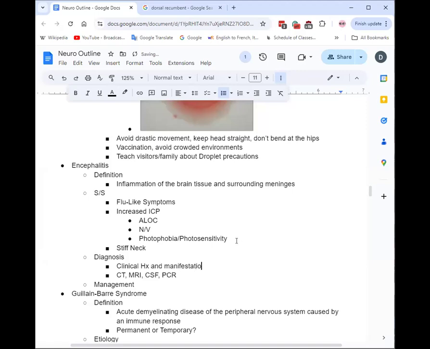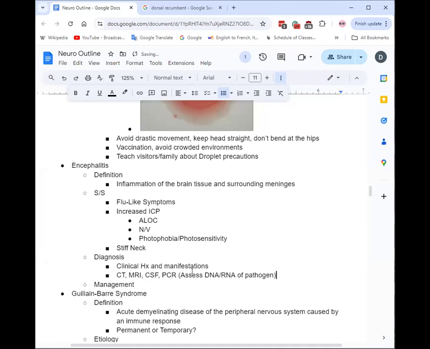A lot of them are very similar, but there are some tests for it. They'll do a CT scan, look at the cerebrospinal fluid, and PCR, the polymerase chain reaction, where you can assess DNA and RNA of the pathogen.